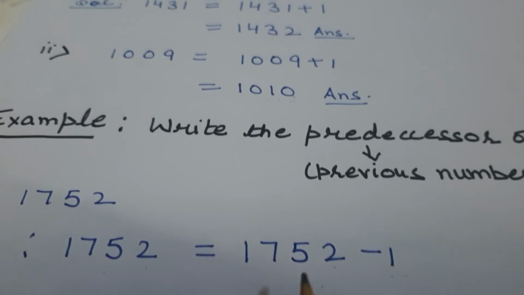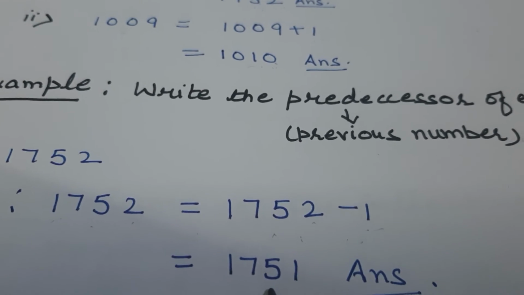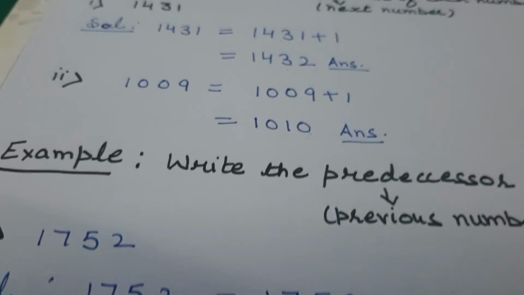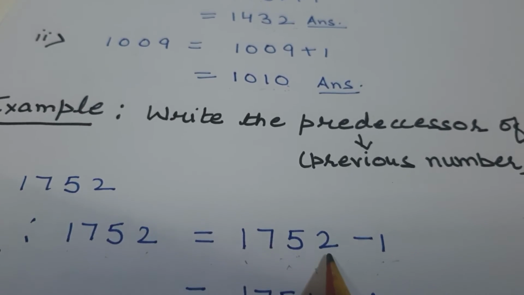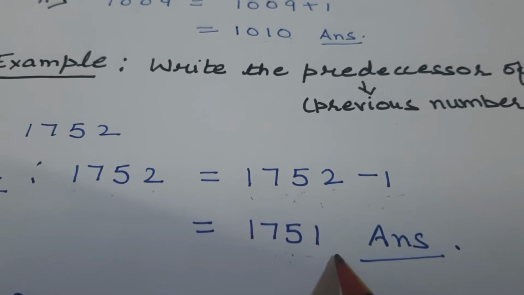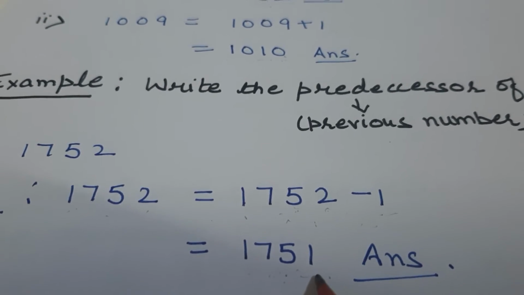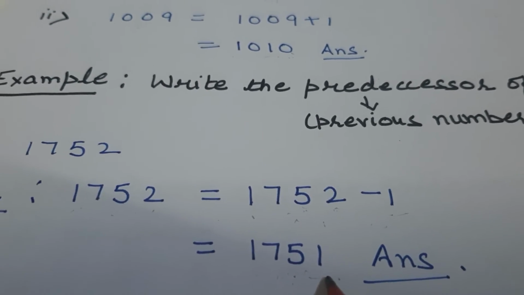But if without subtracting you are getting your number, then also you can write it directly, that it is 1752, so its previous number will be 1751. This is 52, so this is 51. Okay, so in any way you can do.